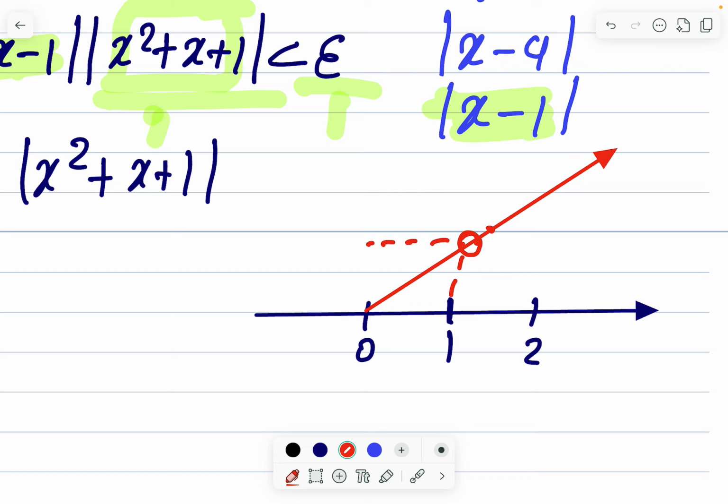So we have to approximate the values of f of x. Since here we don't know what it is, we are going to approximate it. It means it will go like this, here and here.